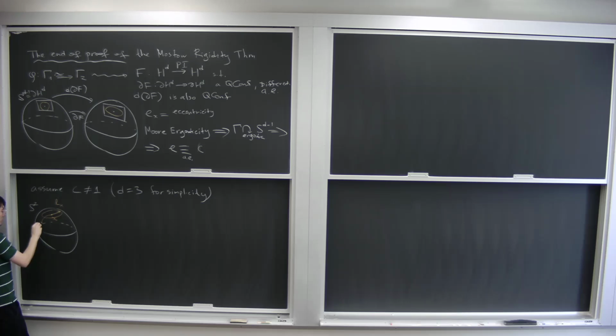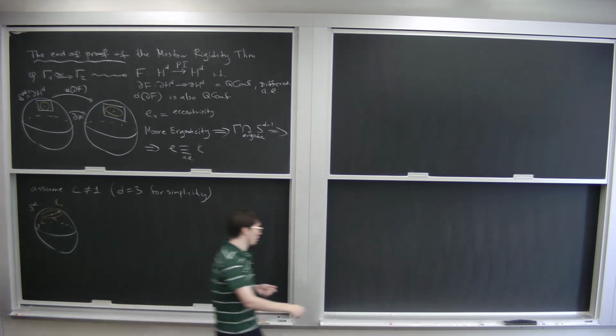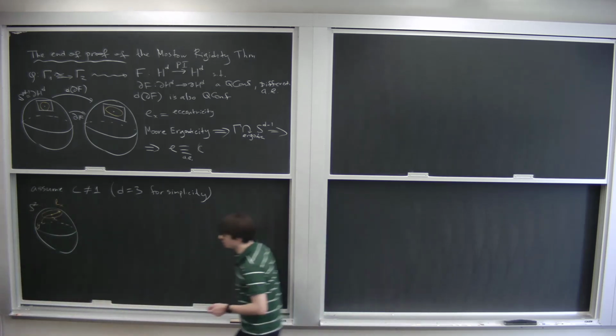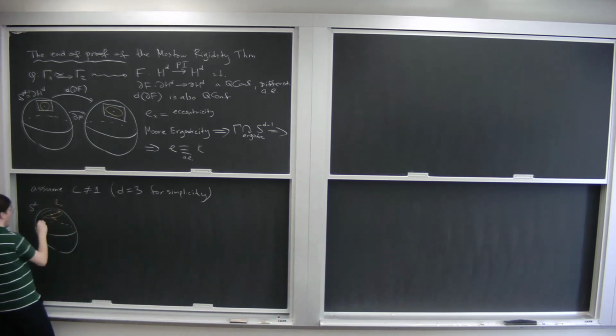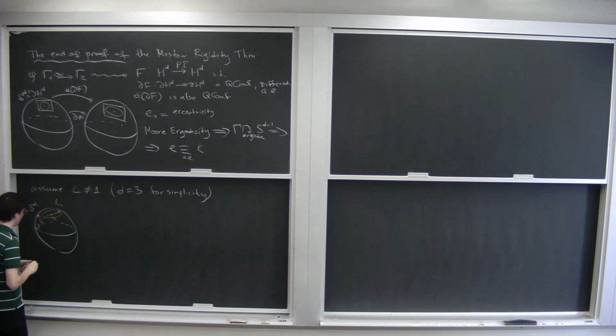Then if I choose another point Y, I have the associated vector L_Y. I want to find the angle between these two vectors after parallel transport.